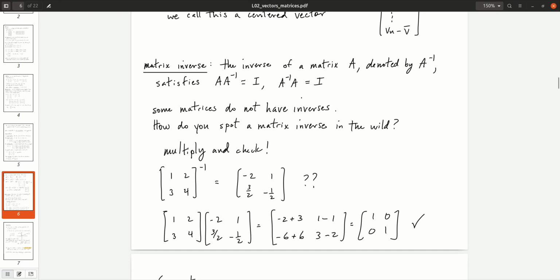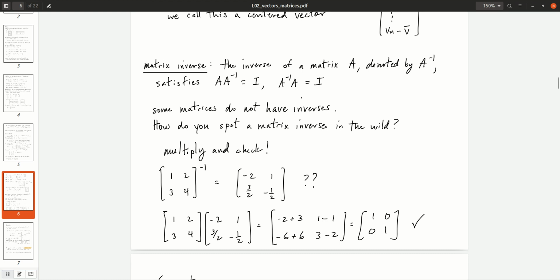We'll talk more about when they do and don't. But the thing to remember is that the way you determine whether a matrix is the inverse of another matrix is you just do this multiplication and check to see if you get the identity matrix.